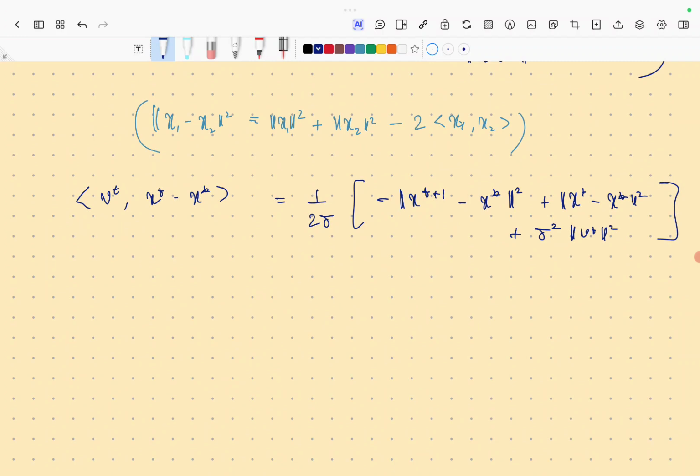So let me take 1 by T times the summation t equal to 1 to capital T of vt, xt minus x star.